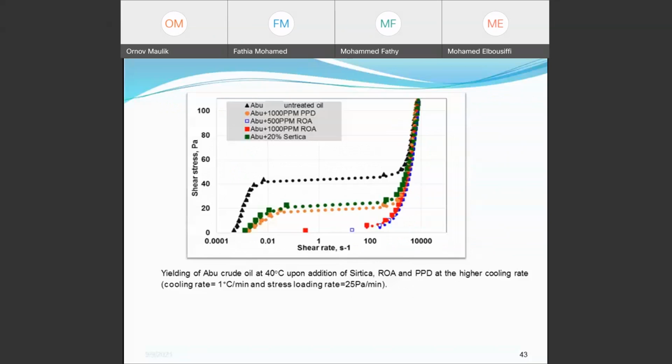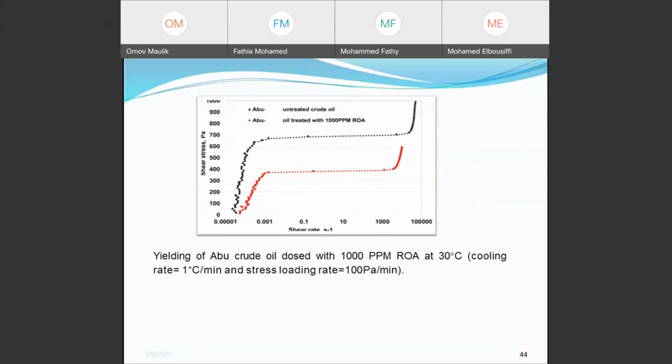So here we can see the difference between the untreated ABU and its treated versions. Also here we can see dosing with 1000 ppm ROA at 30 Celsius, but here the stress loading rate was 100 Pascal per minute. So we can clearly see the difference here.